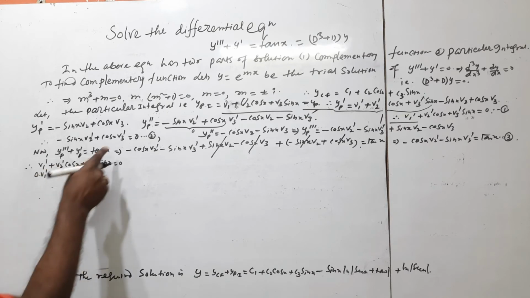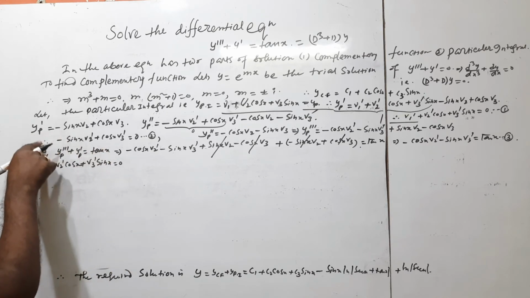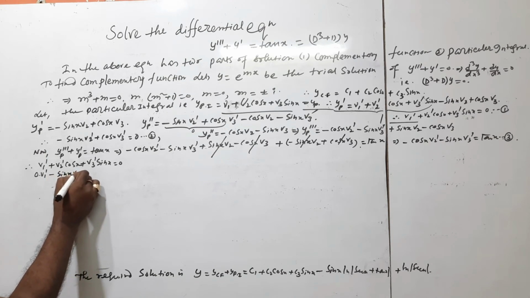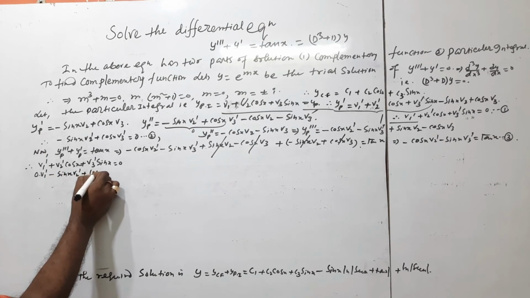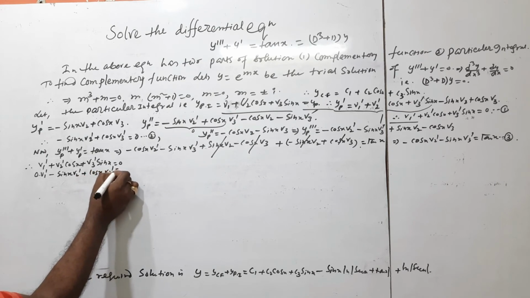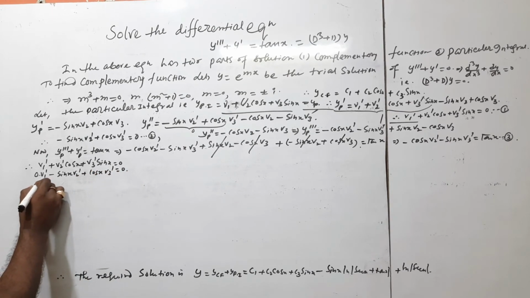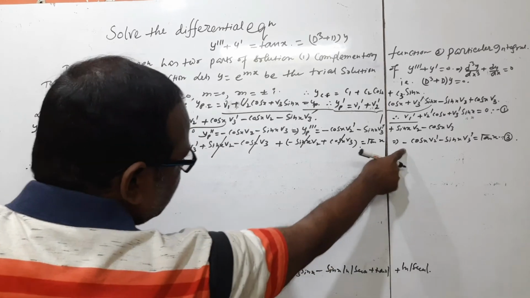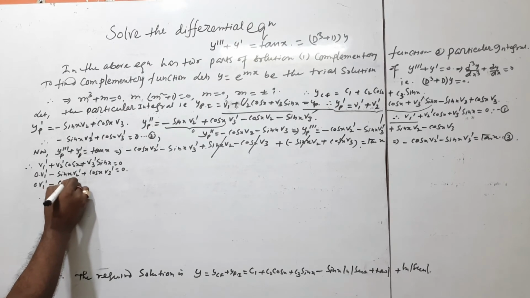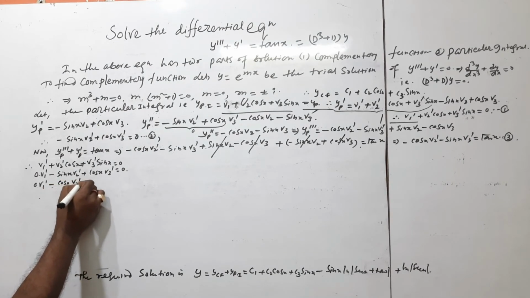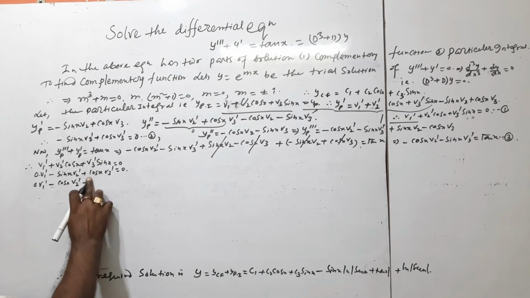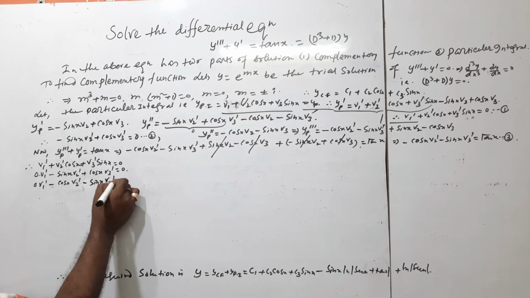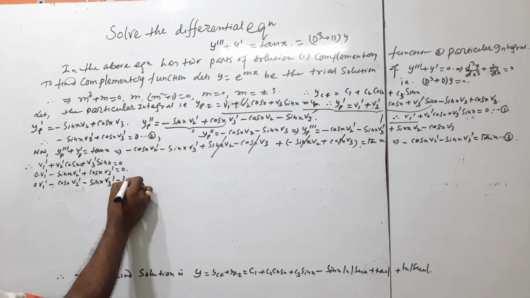For the second equation, we can write 0 into v1 dash minus sin x v2 dash plus cos x v3 dash equal to 0. And the third equation is 0 into v1 dash minus cos x v2 dash minus sin x v3 dash equal to tan x.